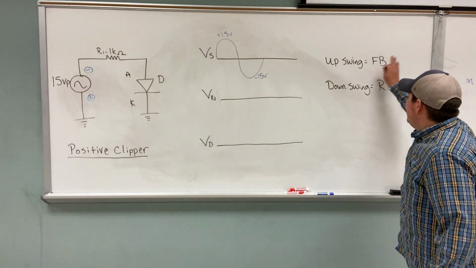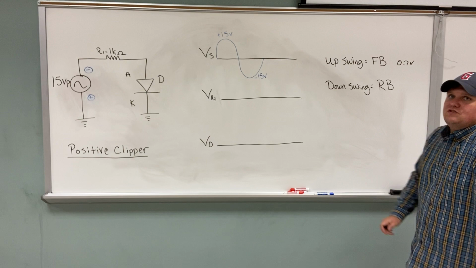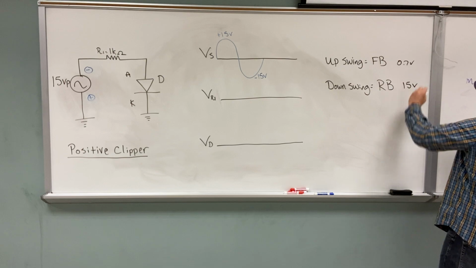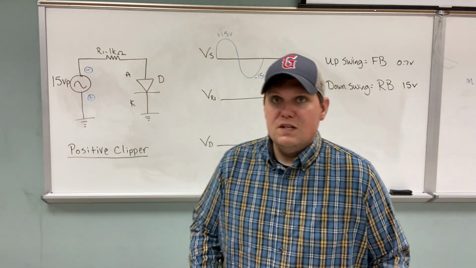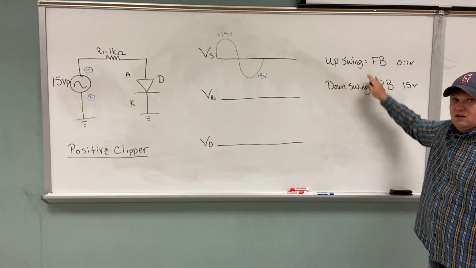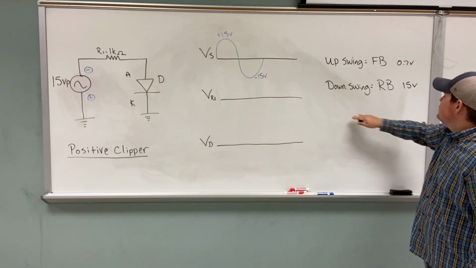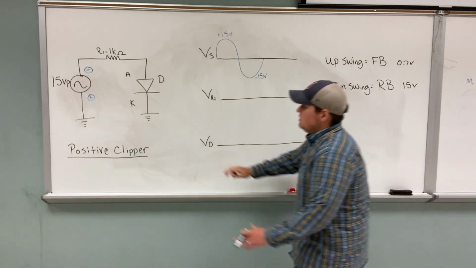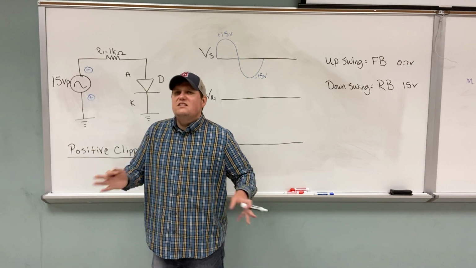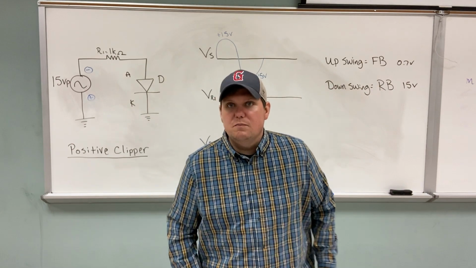So at forward bias, on the upswing, the diode is going to conduct at 0.7 volts, and on the downswing, it's going to read open, so open would be 15 volts. Mind you, this is the diode I'm talking about. On the upswing, it reads 0.7 volts, and on the downswing it's like an open, so I'm going to read source voltage. Just like in the DC world, except this is acting as both forward and reverse bias.